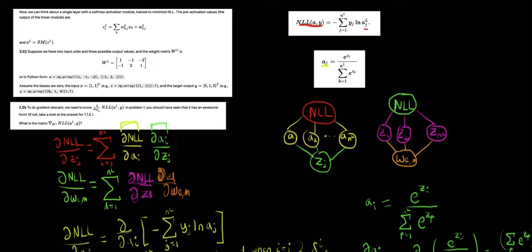So today I'm going to be recording the next installment of this 6036 problem 2D on problem set 6. And where we last left off, we had calculated these two derivatives right here: the derivative of the negative log likelihood loss with respect to AI, and the derivative of these activations with respect to their pre-activations.